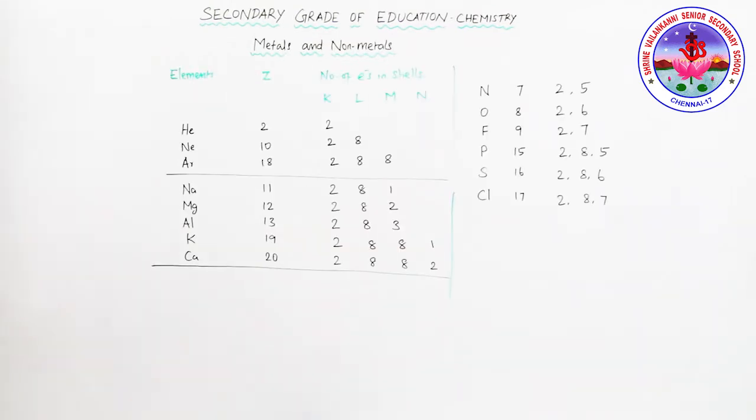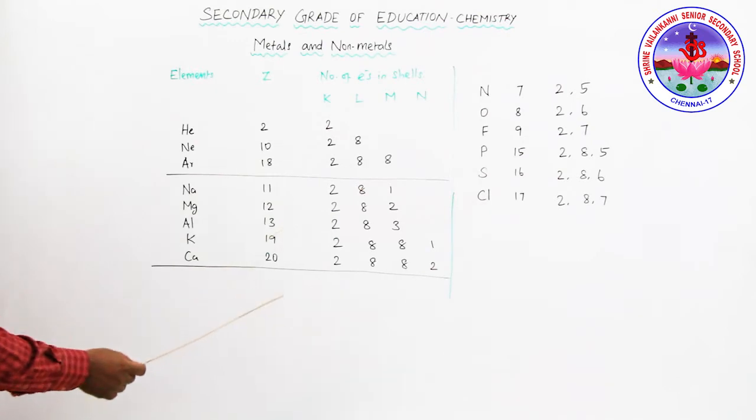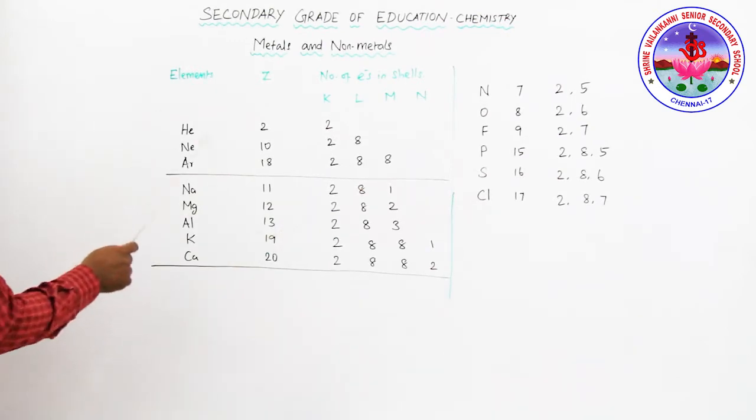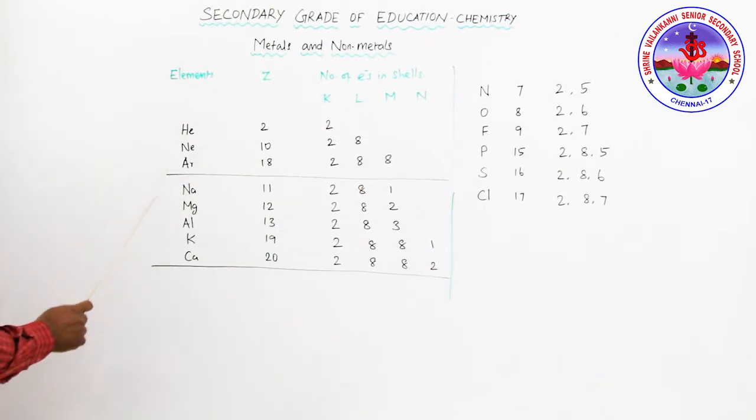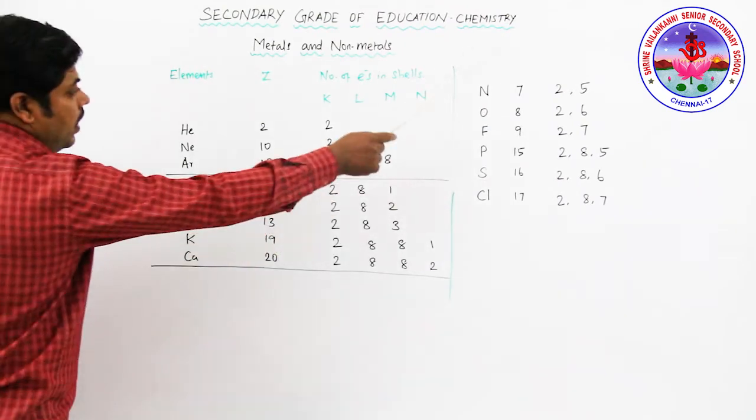See, how do metals and non-metals react? Already we have seen the metal reactivity series. Why do metals react in this manner? Just recall what we learned about the electronic configuration of the elements. We learned about the noble gases. Noble gases mean the outer shells are completely filled. For example, this is the noble gases, these elements are metals and these are non-metals.